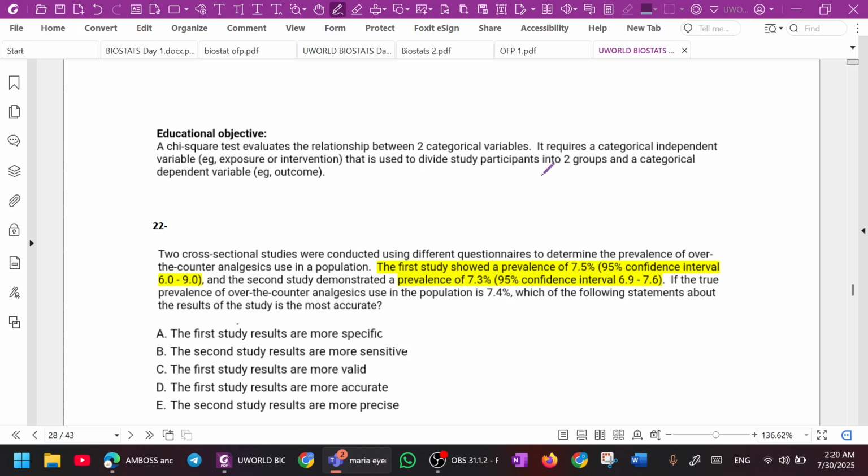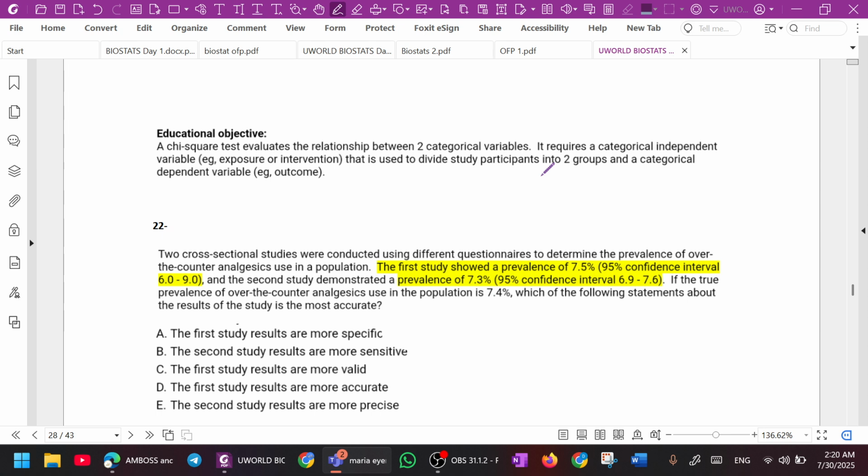Two cross-sectional studies were conducted using different questionnaires to determine the prevalence of over-the-counter analgesic use in a population. The first study showed a prevalence of 7.5%, 95% confidence interval 6 to 9.